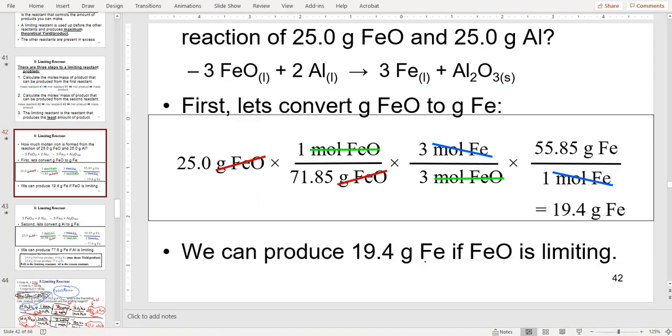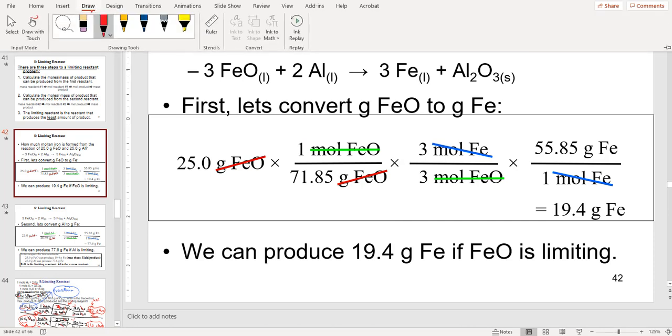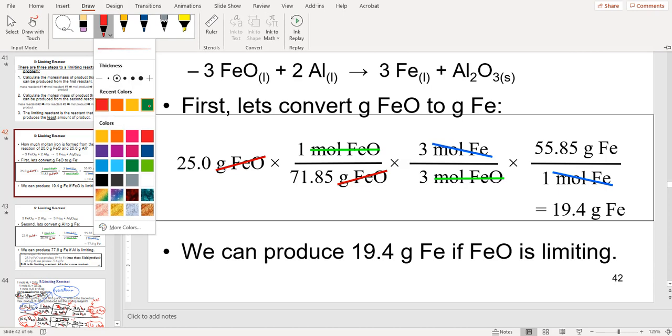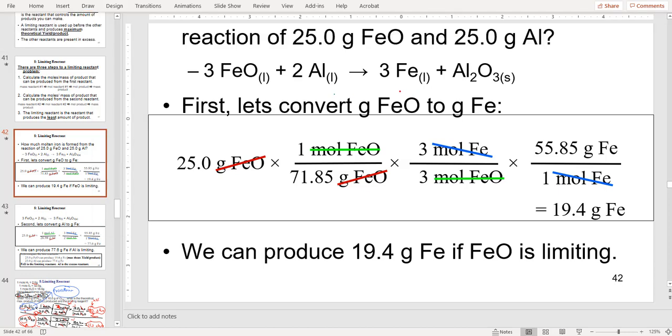Now, I could have easily solved for the maximum theoretical product of aluminum oxide, but I chose not to. Again, it's just arbitrary. You get to choose which one. So once you've gone into moles of iron oxide, you need to use a mole ratio, and this requires that you have a supplied balanced equation.